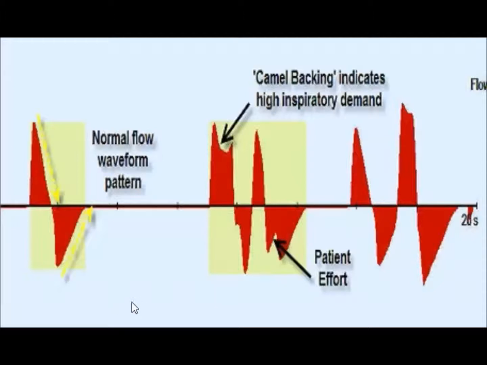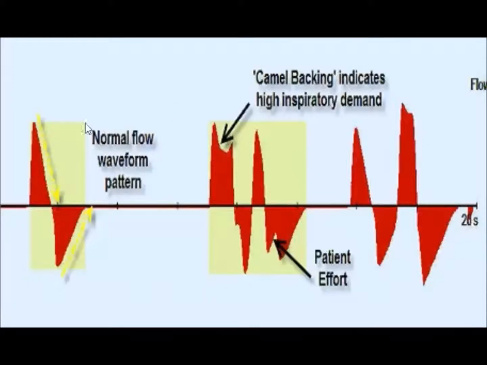And as you notice, what I have here is an example of asynchrony where the driving pressure is too low. So they're in a pressure control mode and the pressure is fixed. However, the patient's demand gets high enough that they still need a higher inspiratory flow, and that's evidenced by this scooping in the flow waveform.